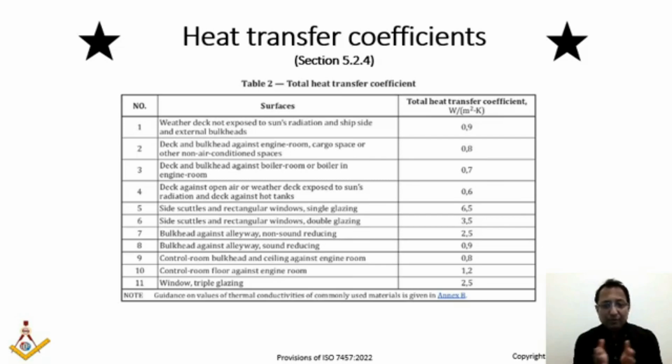These are the values given, and you can safely use them for your heat load calculation when you have to put the value for the heat transfer coefficient in your HAP or E20 form, whichever it is. This is one of the important factors in the heat load calculation.